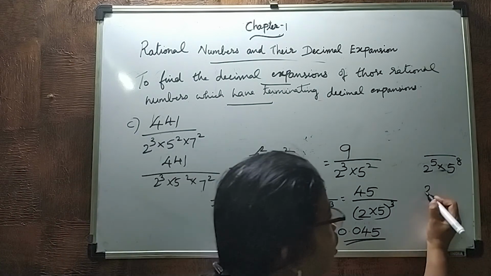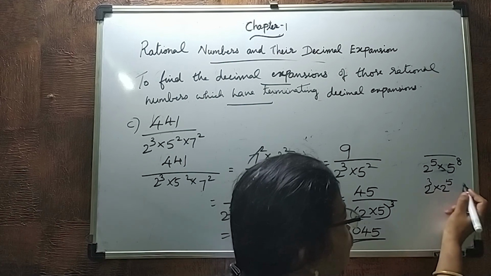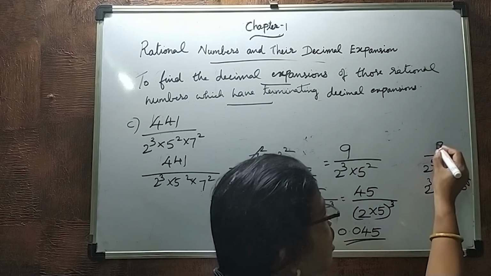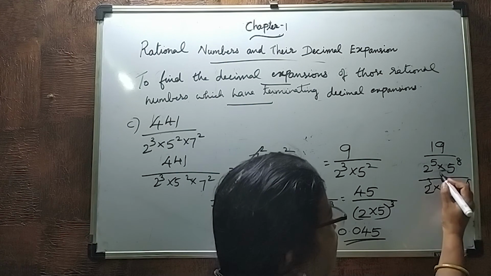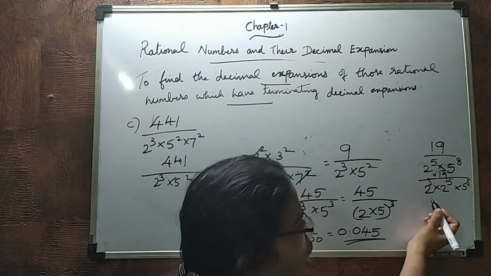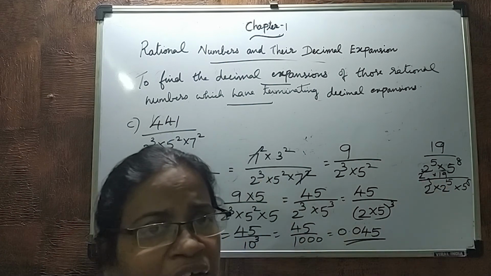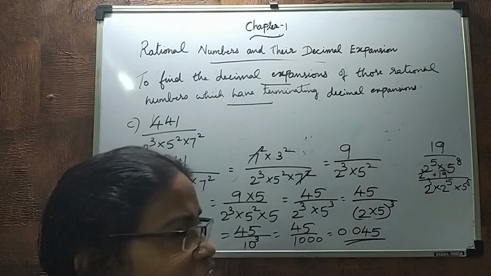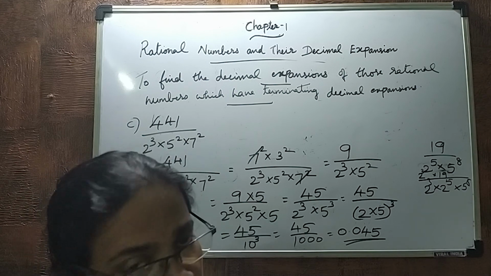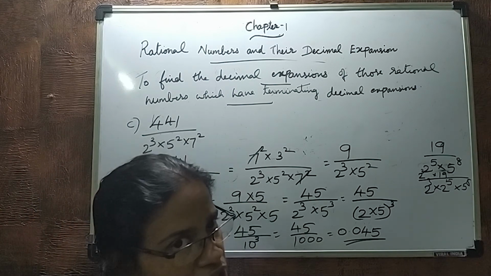It is 2 raised to 3 into 2 raised to 5 into 5 raised to 8. Suppose here 9 or 19 is there, then 19 into whatever extra thing you multiplied, it is 2 raised to 3. Same thing you have to do on the numerator also. If anything is wrong, then the full thing will be wrong. So be careful about it. Okay.